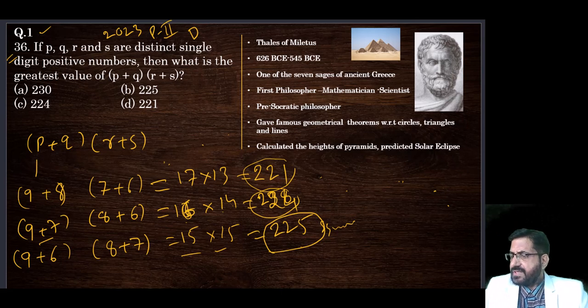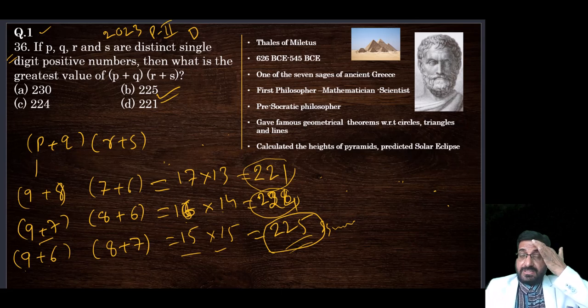So my numbers should be P is 9, Q is 6, R is 8, S is 7. Then you get 225. So this is the maximum value that you get. The answer will be B.